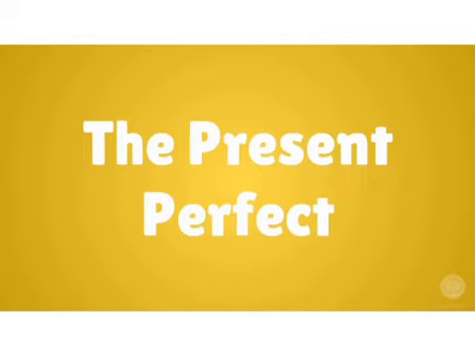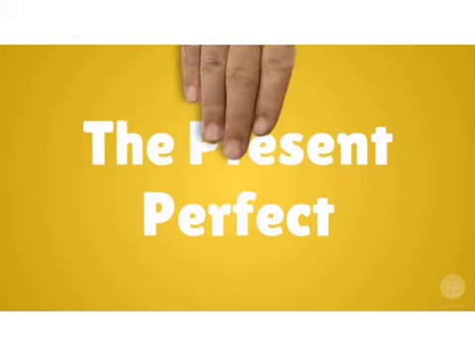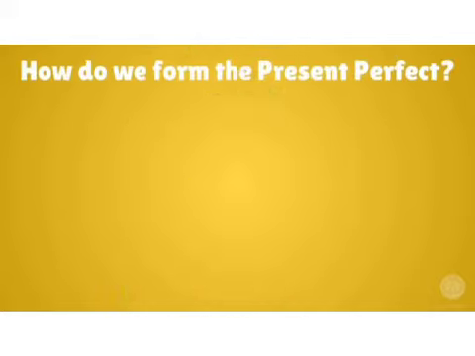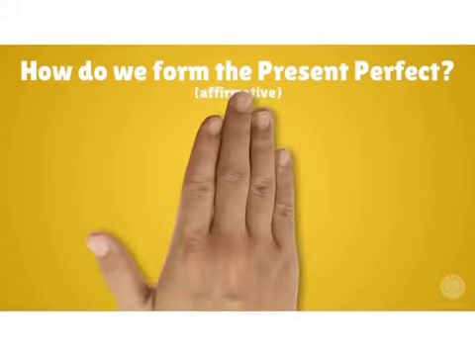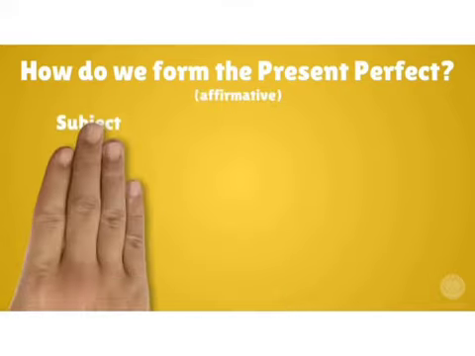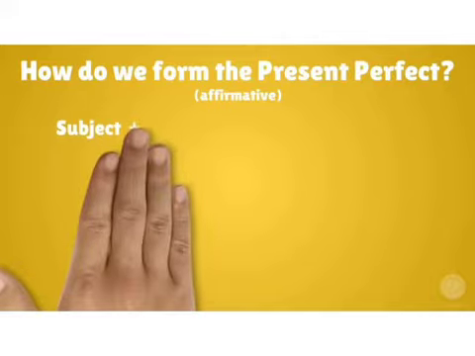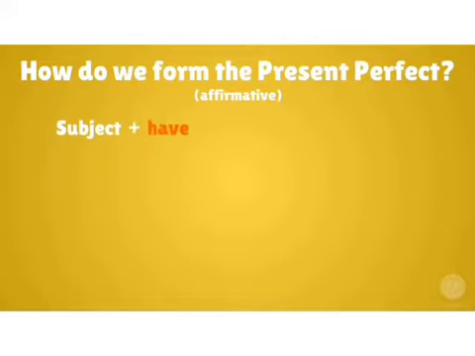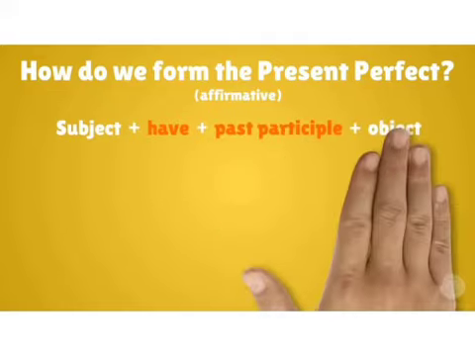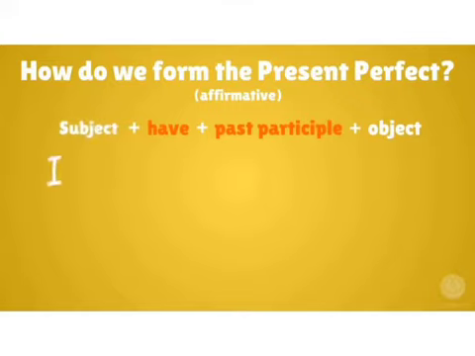Now, let's learn the present perfect tense. How do we form the present perfect? For an affirmative sentence: subject plus have plus past participle, that is V3, plus object.